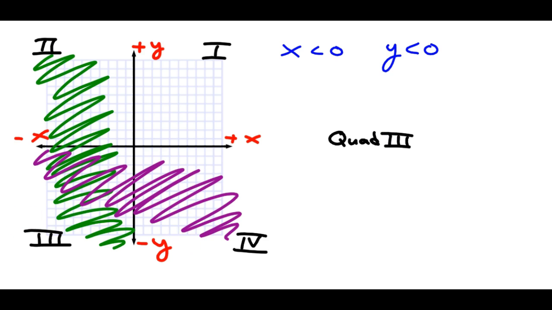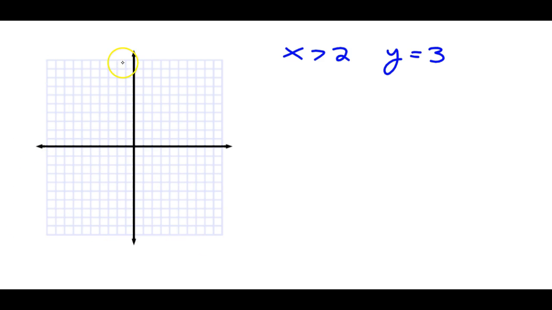Alright, let's take a look at the next one. So here we've got x is greater than 2 and y is equal to 3. So for x to be greater than 2, I'll draw a line. Right here is x equals 2. Oh, my computer's lagging on me. Let me try that again.